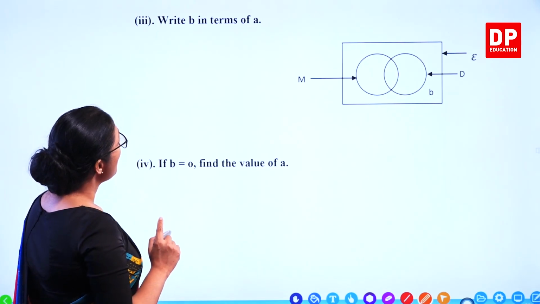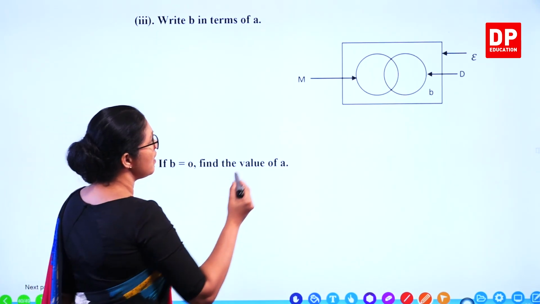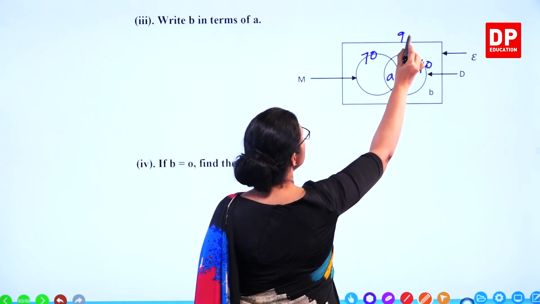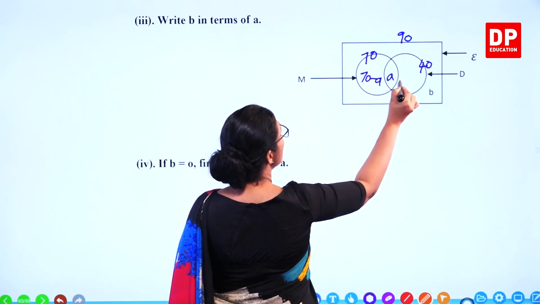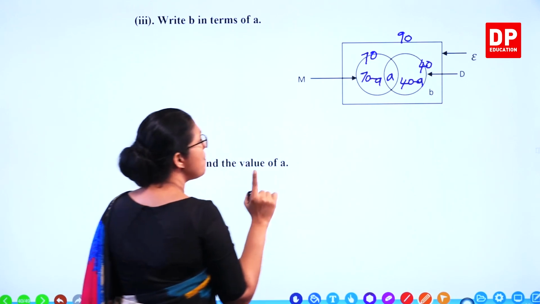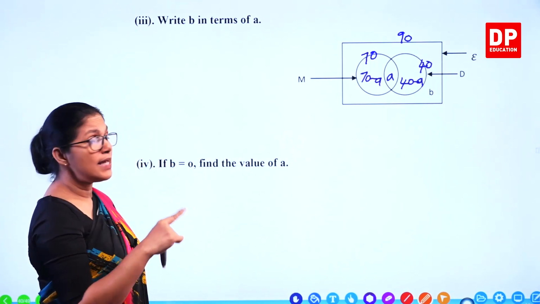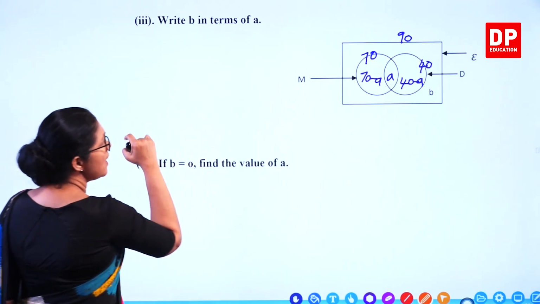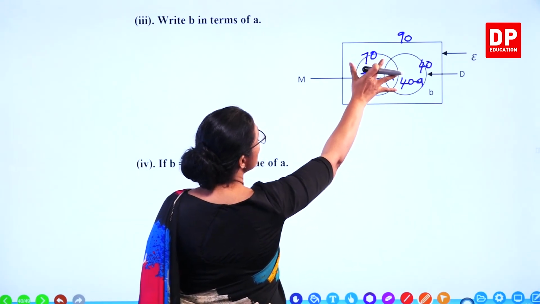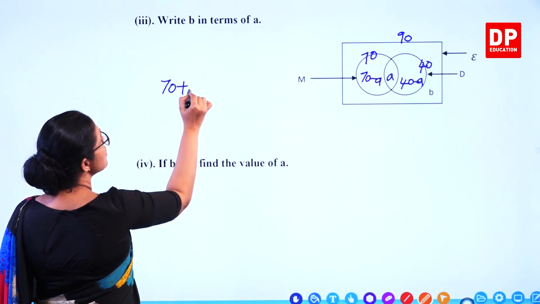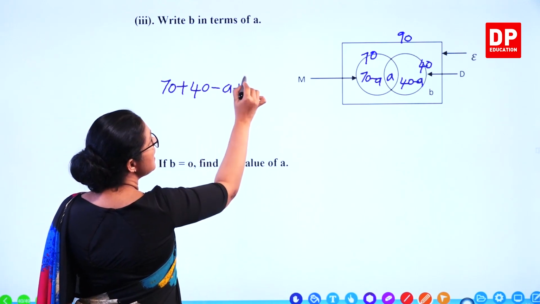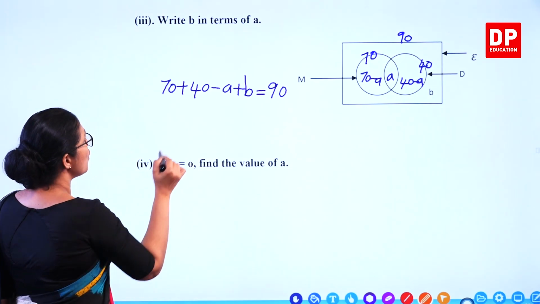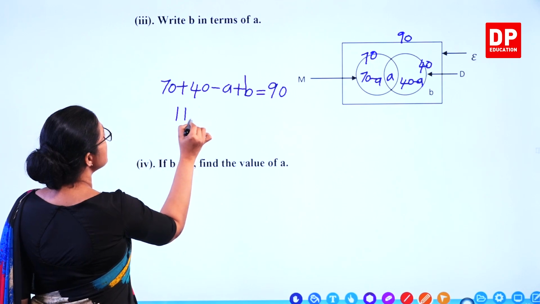Part 3, write B in terms of A. Now we know this is A, this is 70, 40, this is 90, 70 minus A, 40 minus A. Now we have to write B in terms of A. We know the total is 90. So we can add all the region values, they add up to 90. So we take for 70, the full circle, 70 plus 40 minus A plus B is equal to 90. 70 plus 40, you get 110.